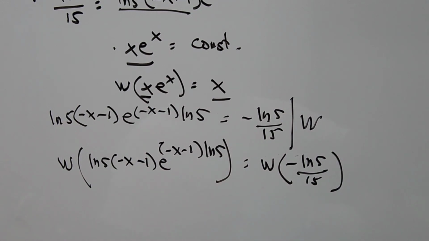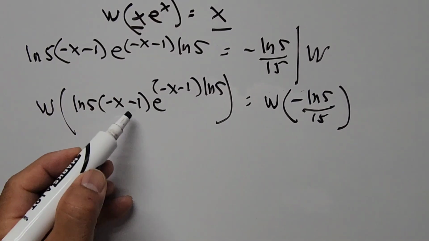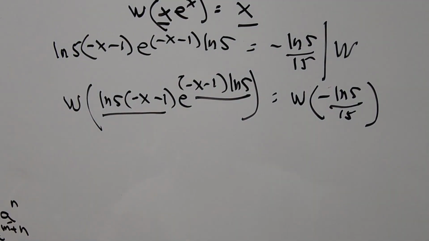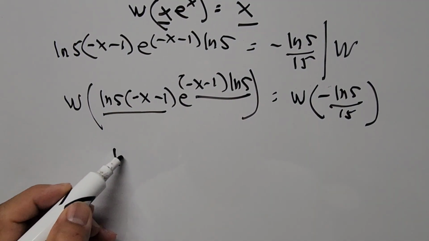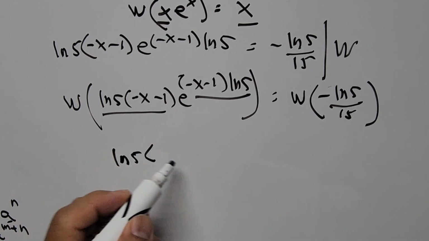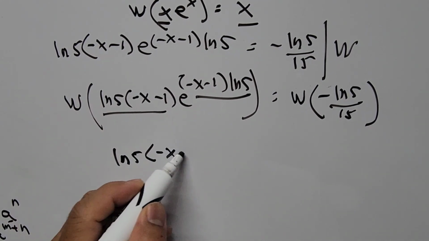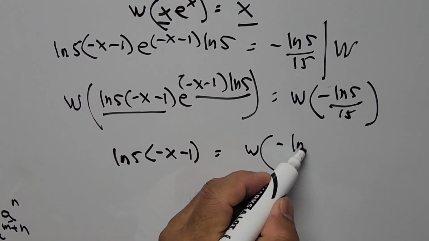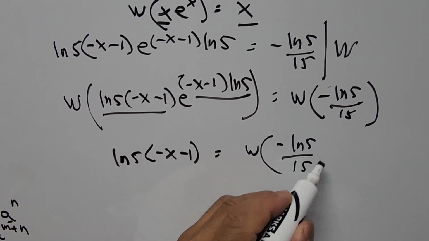So we have here the value of x on the base as well as on the exponent. And so we have ln of 5 times quantity negative x negative 1 equals W sub negative 1 of negative ln of 5 divided by 15.